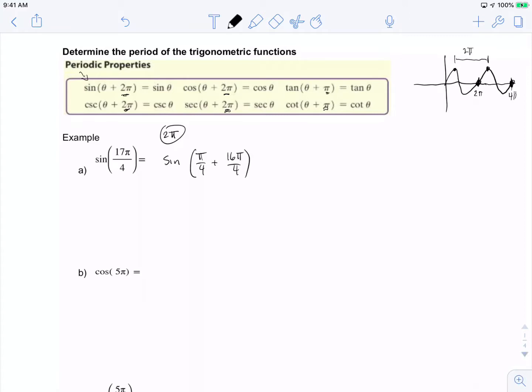And we can see from here that we have sine of pi over 4 plus 4 pi. And 4 pi is a multiple of 2 pi. So with that, we know that sine of 4 pi is always going to fall in the same position.